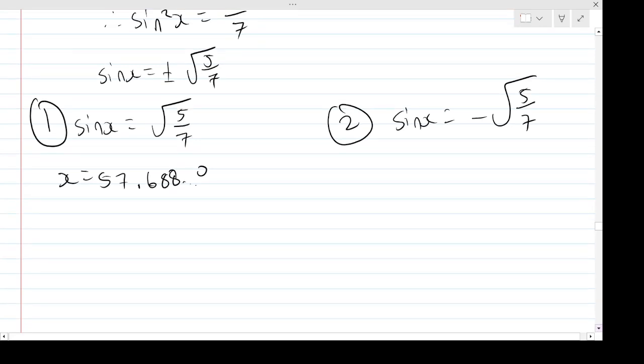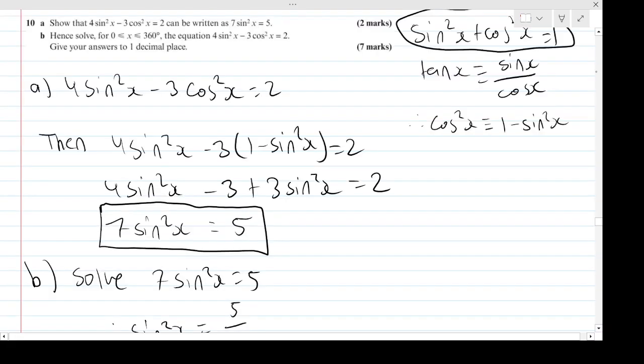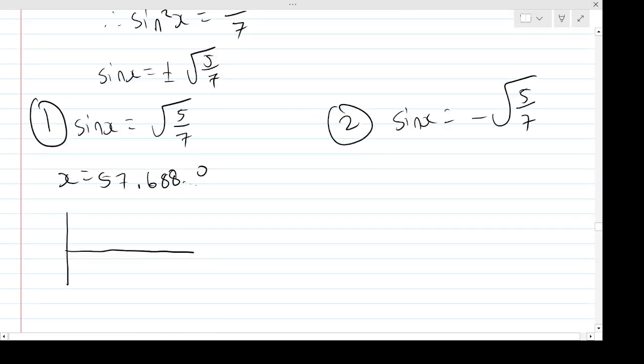Then I'm going to sketch my sine graph, between 0 and 360. So 57.688, that's going to be about there, say, 57.9.